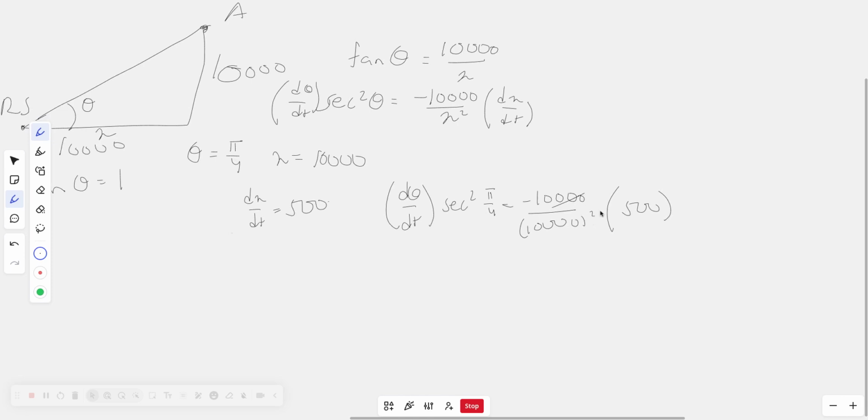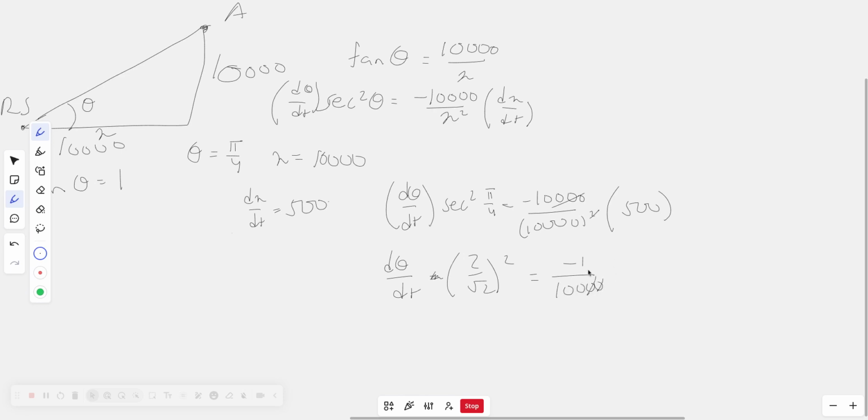So this cancels out and we get d theta over dt times, so secant squared pi over 4 is going to be 2 over rad 2 squared, and this is equal to negative 1 over 10,000 times 500.